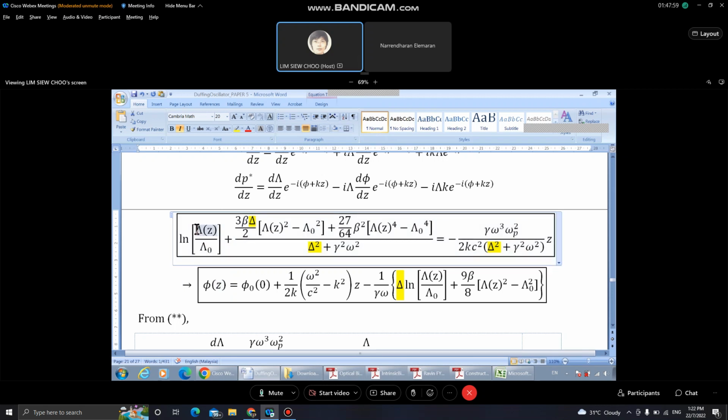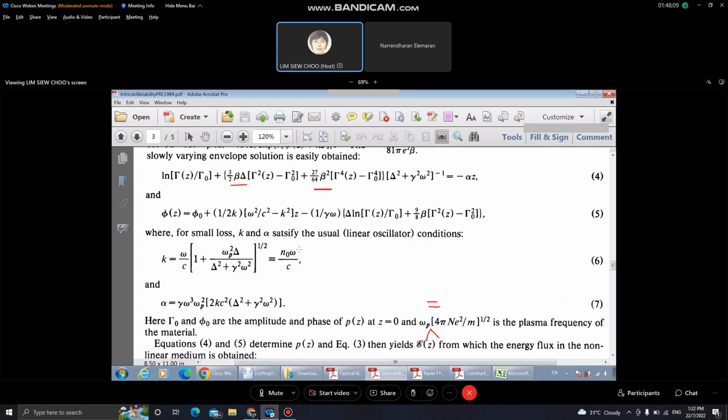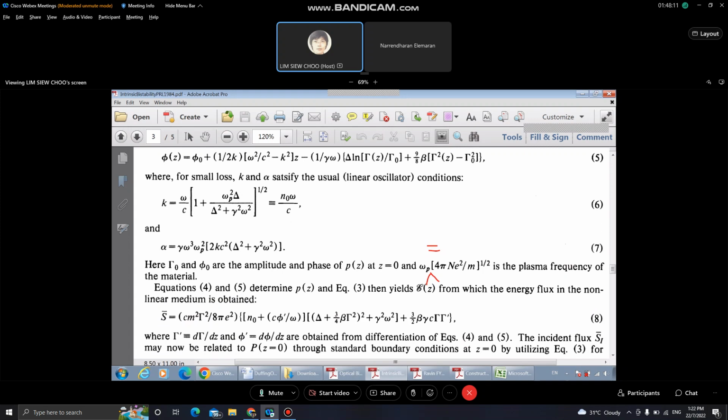You can get the d lambda over dz here, and the d phi over dz here, because this gamma prime actually is d lambda over dz, right? And then this is d phi over dz, right?